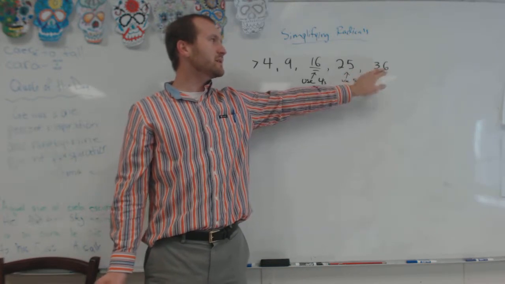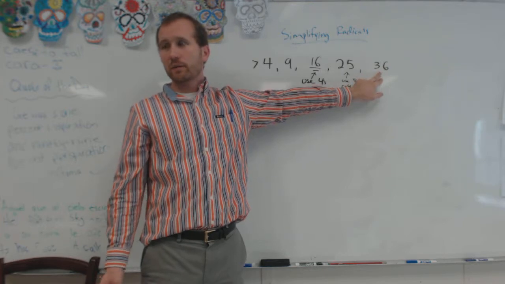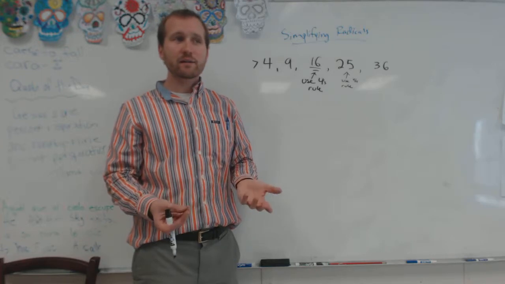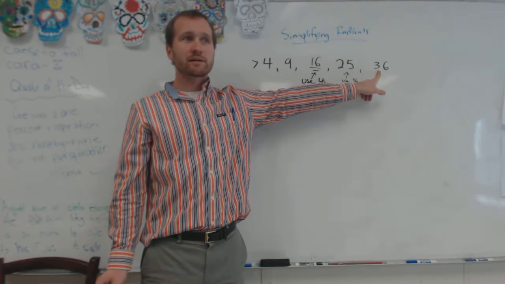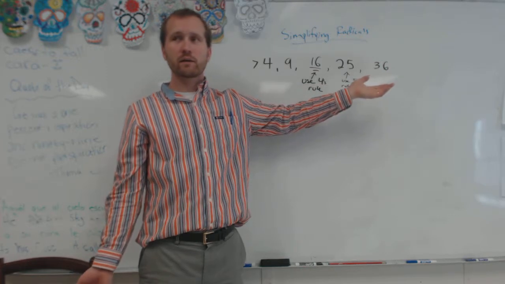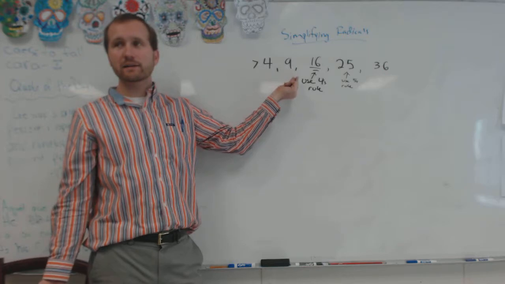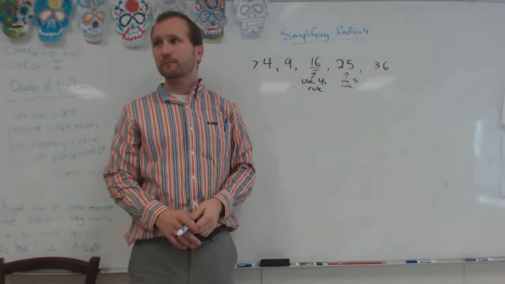So multiples of 36 can be pretty hard to recognize, but they're always even, so that has something going for it. And another thing is, guess what? 36 is 9 times 4. So if you find the 4s and the 9s, you're pretty much on your way to finding the 36s.